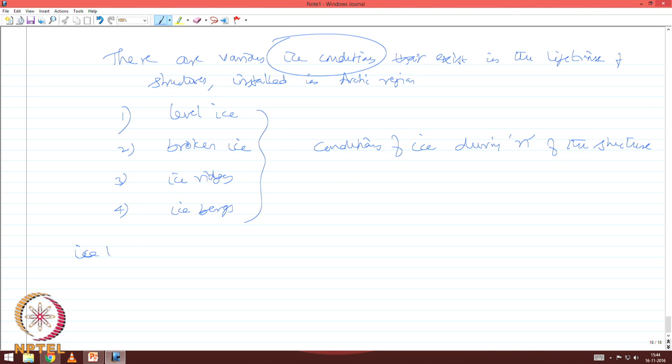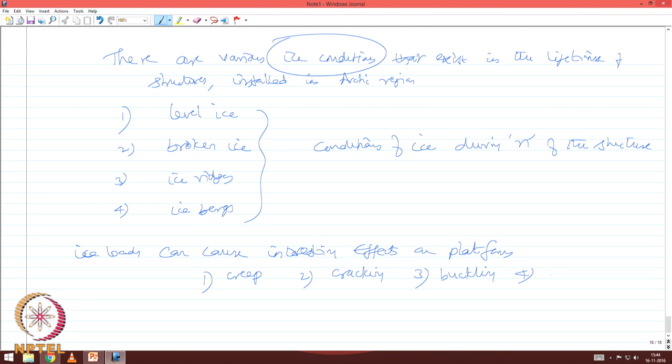Ice loads can cause very interesting effects on platforms. They can result in creep, they can result in cracking, they can result in buckling, spalling, or even crushing.